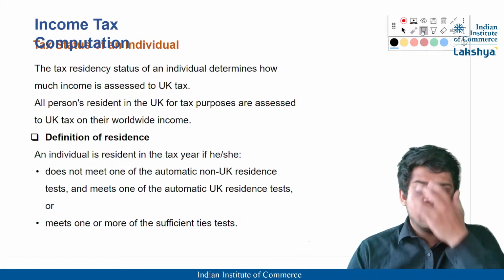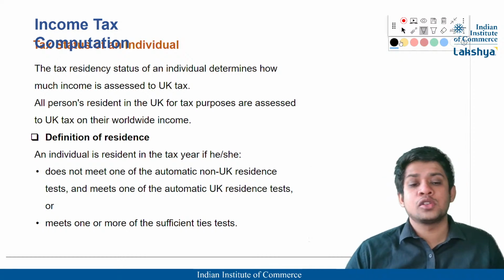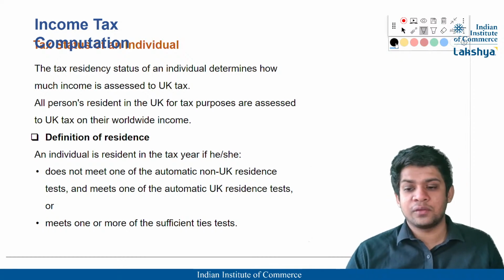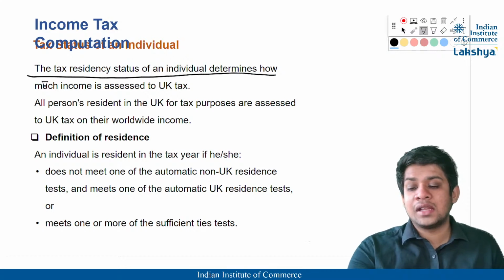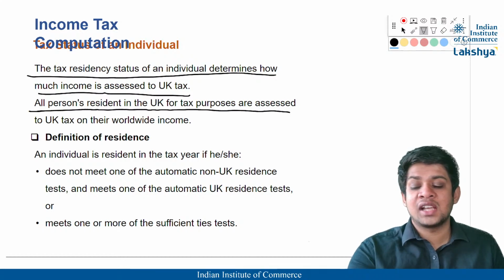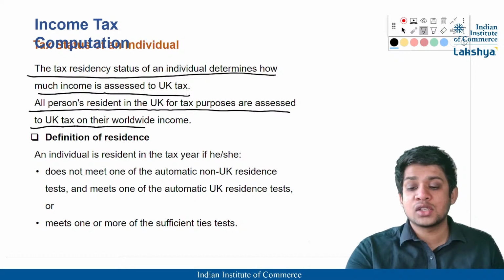Okay. So there are three different types of tests that you are supposed to do. Let us get into the details of it. The tax residency status of an individual determines how much income is assessed to UK tax. All persons resident in UK for the tax purposes are assessed to UK tax on their worldwide income. Okay. Now, what is the definition of residence?